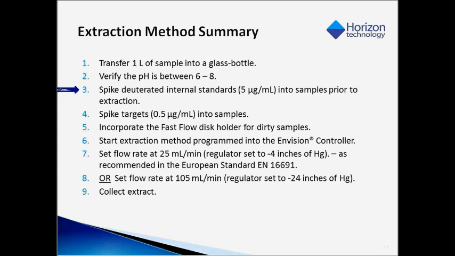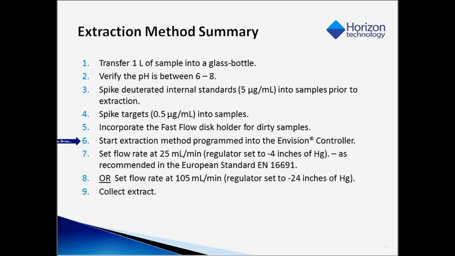We then, in the fourth step, spike targets in a lower concentration, this time 0.5 microgram per liter, into the samples. And we then incorporate the fast flow disk holder in case of heavily particulated or dirty samples. We then start the extraction method programmed into the controller that goes together with the 4790 extractor units.